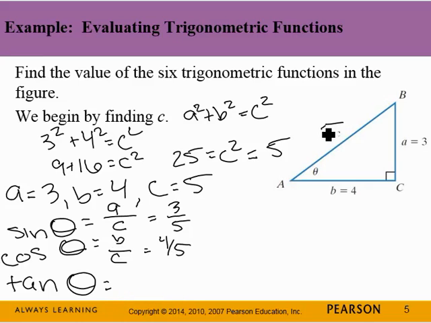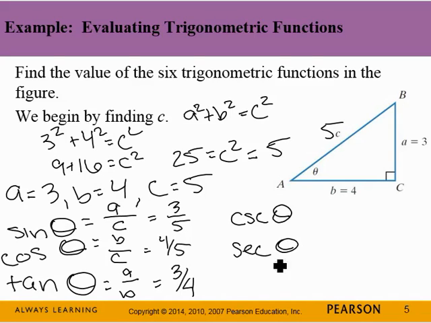Tangent is your opposite over your adjacent, so 3 over 4. Now you have cosecant, secant, and cotangent. These are all going to be the opposite of your previous one. So now you have 5 over 3, 5 over 4, and 4 over 3. And that's all you have to do for those.